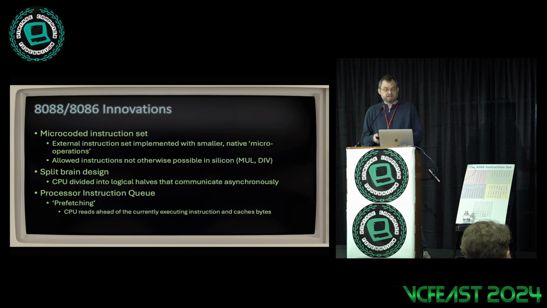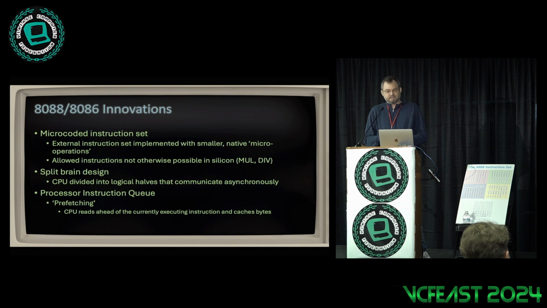And these can be complicated little programs, almost Turing complete. They can do flow control and subroutines. And this allowed instructions to be implemented that didn't really have any support in silicon otherwise. Like you could have multiplication and division, even though the 8088 had no dedicated silicon for it. You ran the whole routine in your microcode, which explains why those instructions were rather slow.